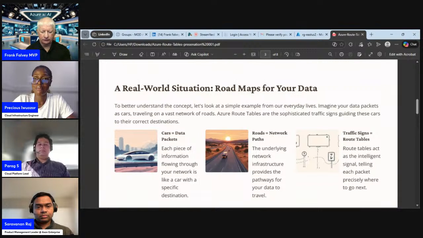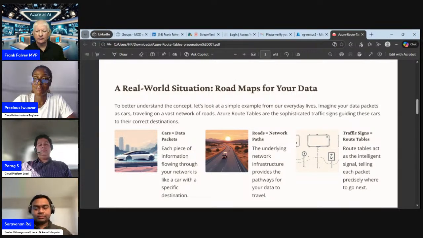In my next slide, I have real-world scenarios of Azure route table. To better understand the concept, let's look at a simple example from our everyday lives. Imagine your data packets as cars traveling on a vast network of roads. Azure route table acts as a sophisticated traffic sign guiding these cars to their correct destination. The cars in this analogy are the data packets. The roads are the network path. The traffic signal is the route table.